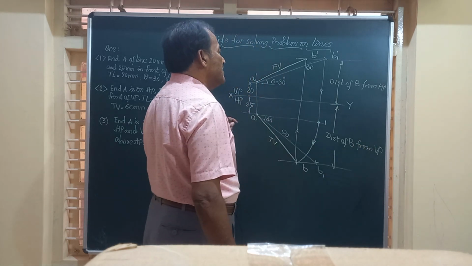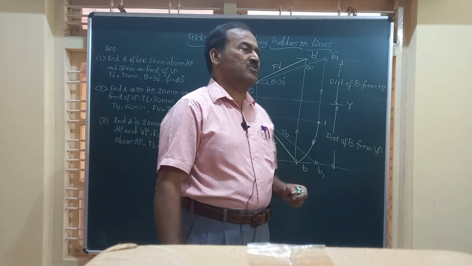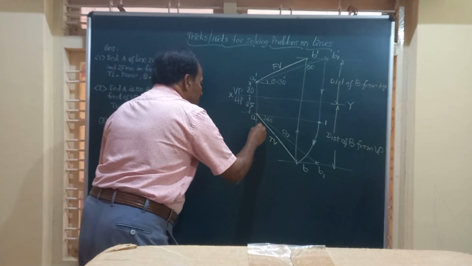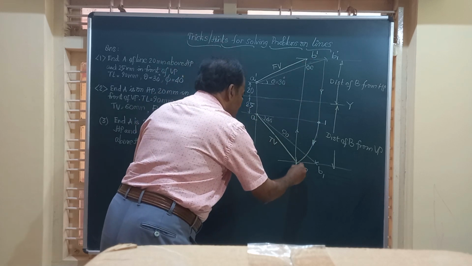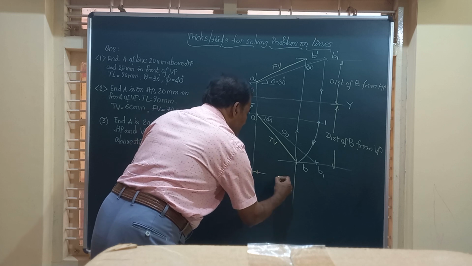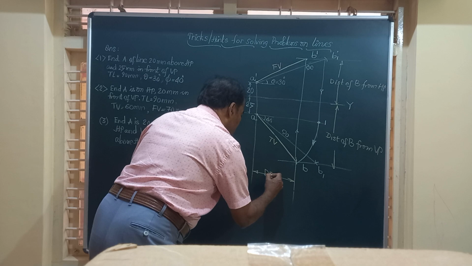And friends, they might also ask you, what is the distance between the end projectors? Friends, A dash A is one end projector. Draw a vertical line through that. B dash B is another end projector. You just measure the distance between these two lines. That we call it as DEP.